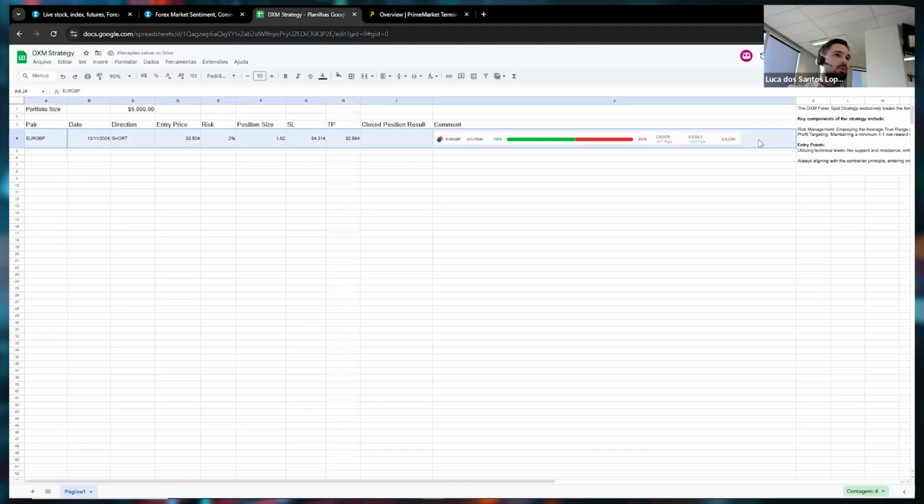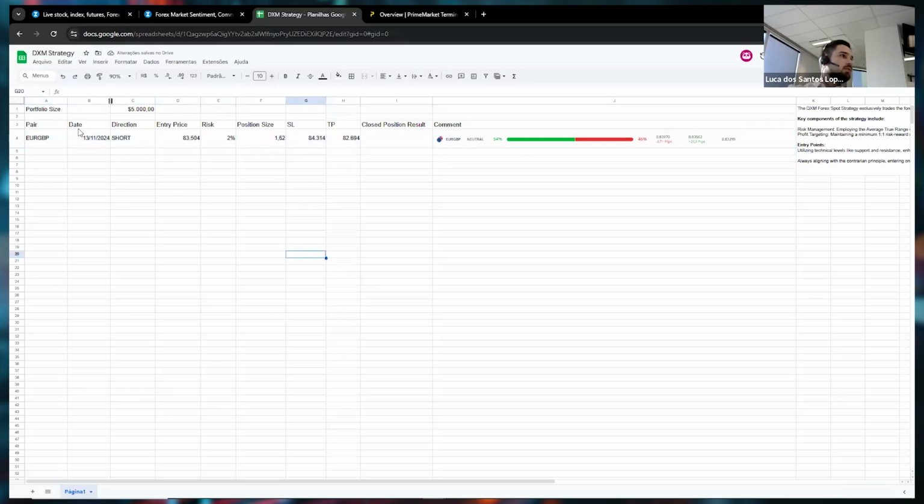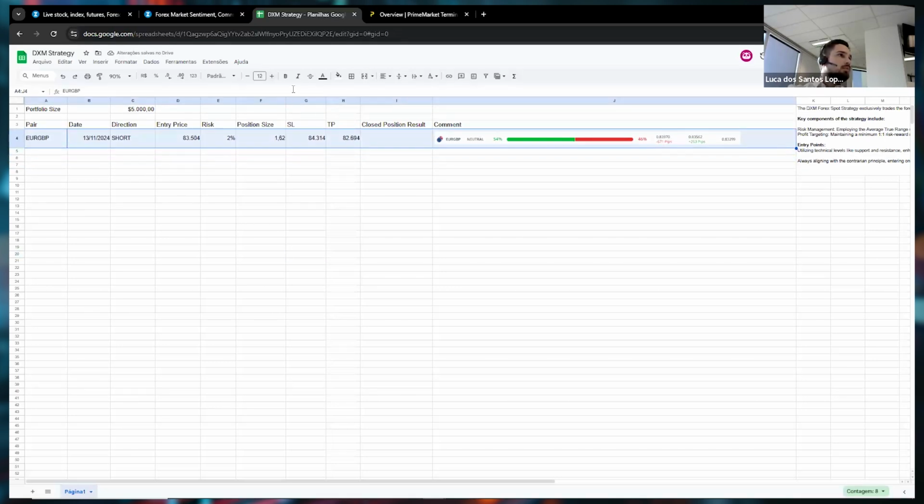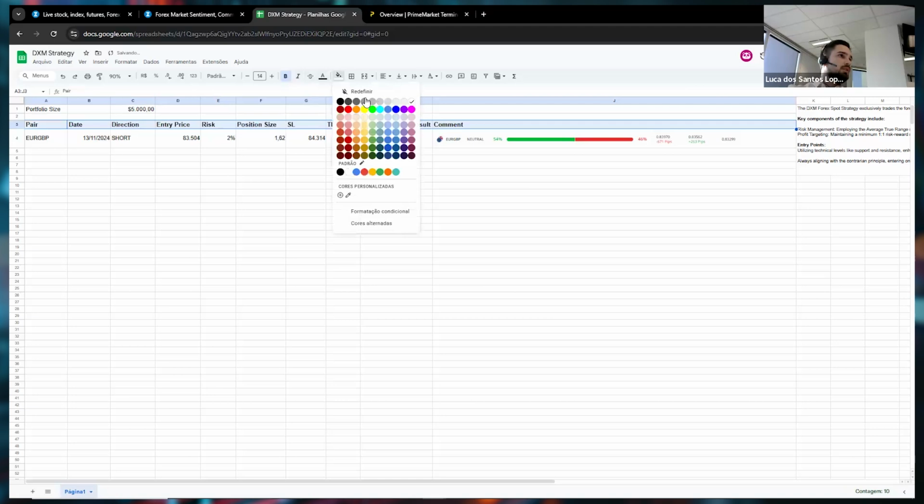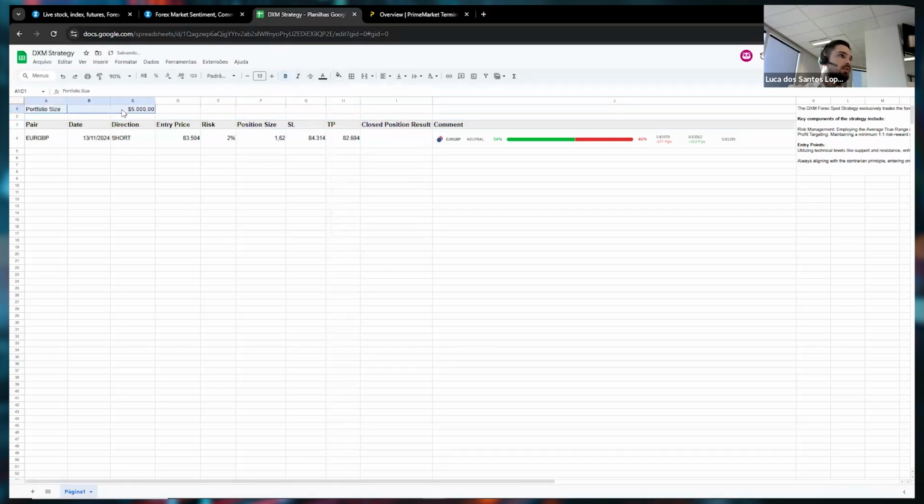That's the first trade we had. I'm going to be using 12, so it's easier for everyone to see. And I'm going to bold this and put in some color. Perfect. That's the portfolio size. 14. Done, and done. There you go.